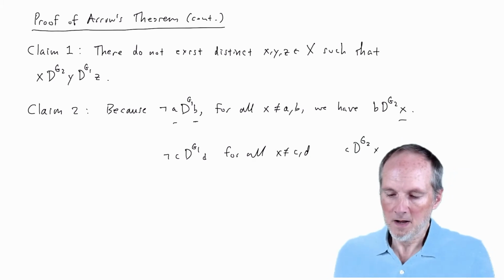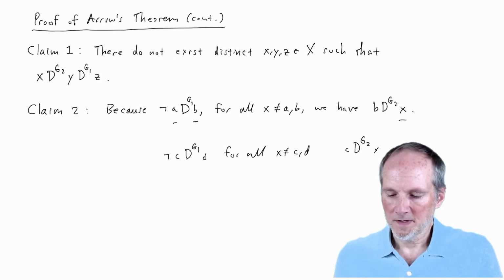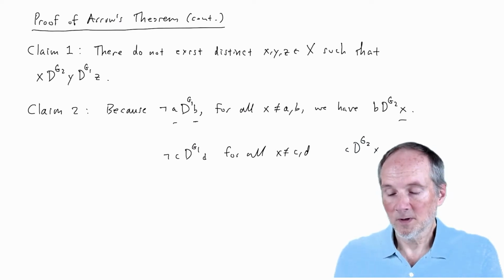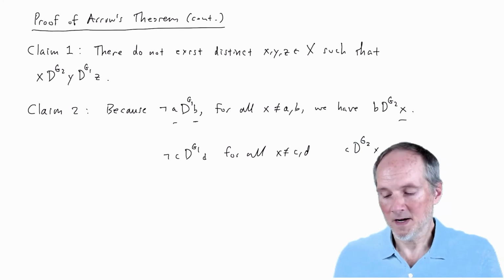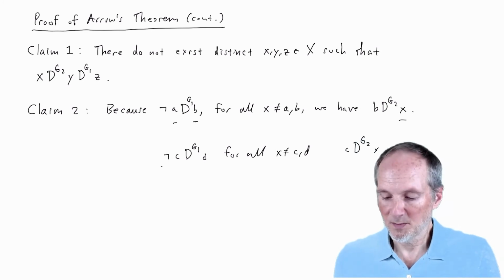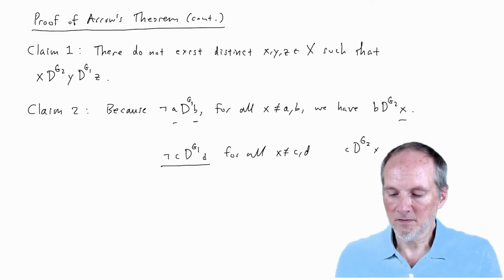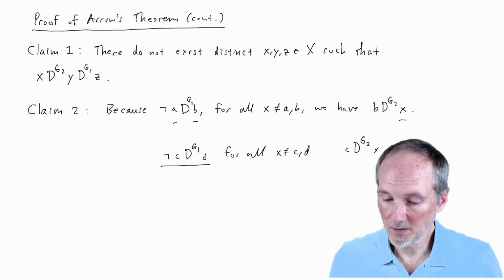I've stated claim 2 in a specific way, but really the logic behind it is more general, and it applies whenever G1 is not decisive for one alternative over another.